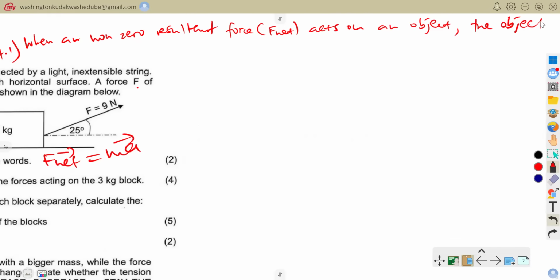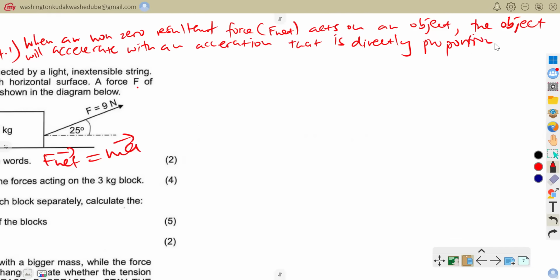the object will accelerate with an acceleration that is directly proportional to the magnitude of the force being applied.